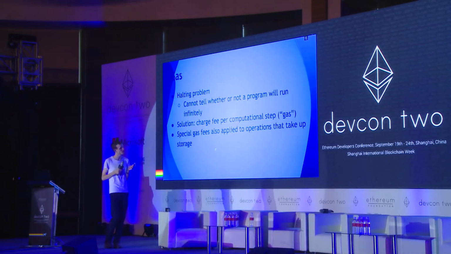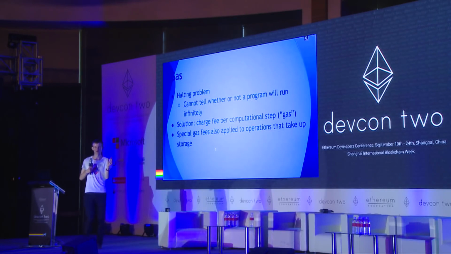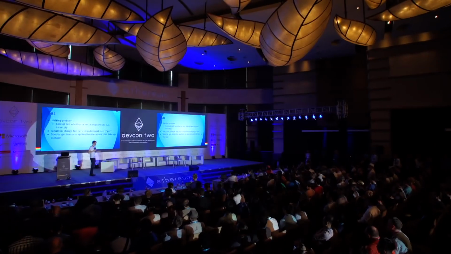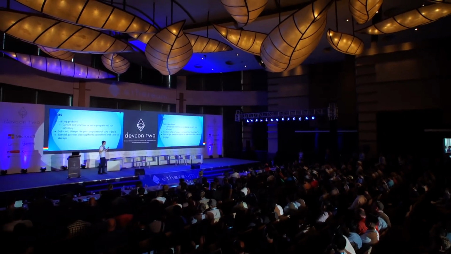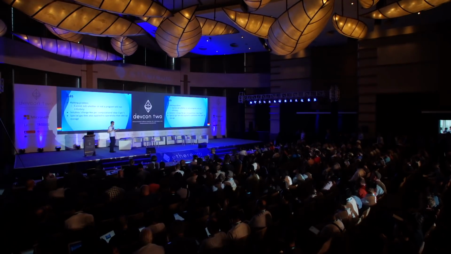But the point of this mechanism is basically that no matter what kind of weird code you have in the transaction, it's guaranteed that nodes will be able to process it deterministically within some fixed amount of time. Now, there are other blockchain projects that try to solve the problem with timeouts. So they say try executing the code for 1 second, and if after 1 second it's still running, then you halt.